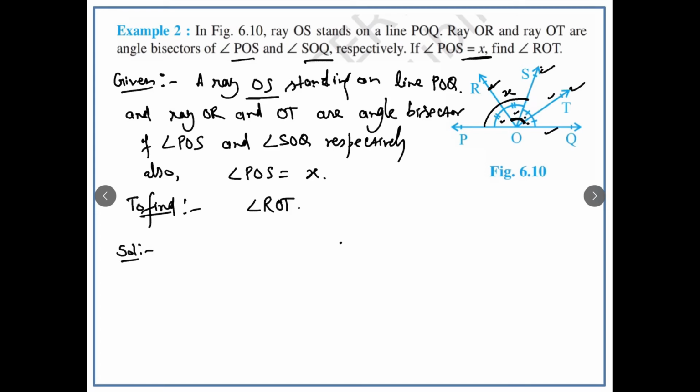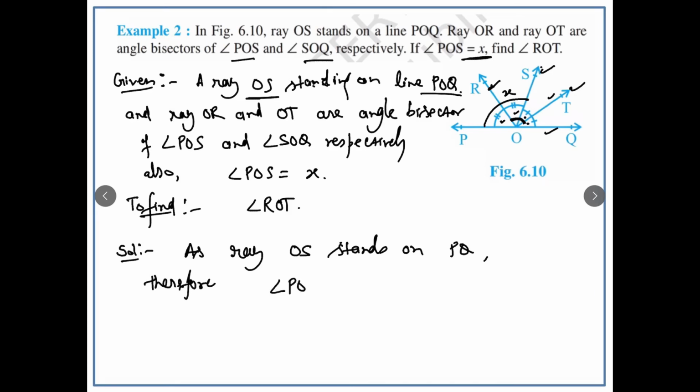So from the question it says the ray OS is standing on line PQ. So we'll first write: ray OS stands on PQ, therefore the two angles formed are angle POS plus angle SOQ.